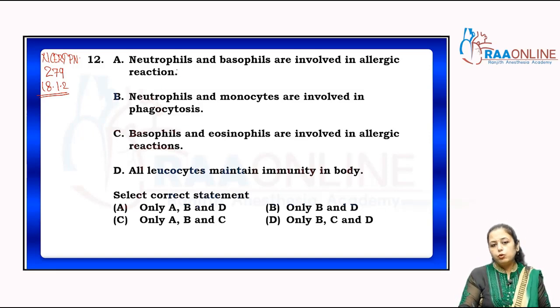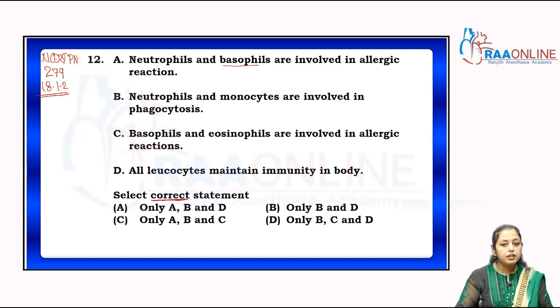We know that WBCs are of two types, granular and agranular. In granular, neutrophil, basophil and eosinophil are present. In agranular, lymphocyte and monocyte are involved. Now we have to select the correct statement. Neutrophil and basophil are involved in allergic reaction?